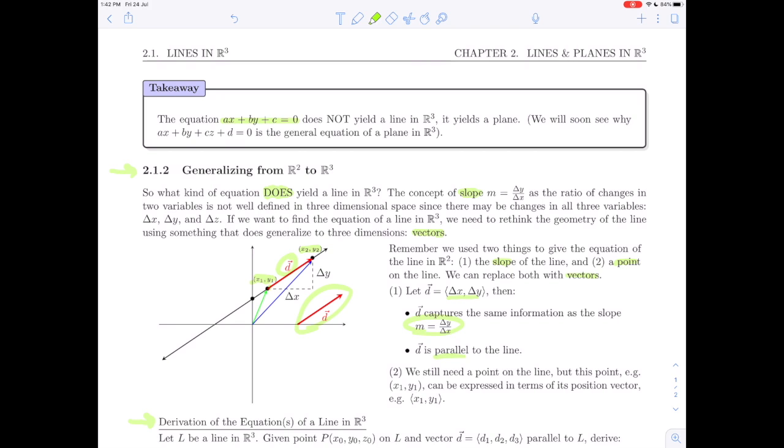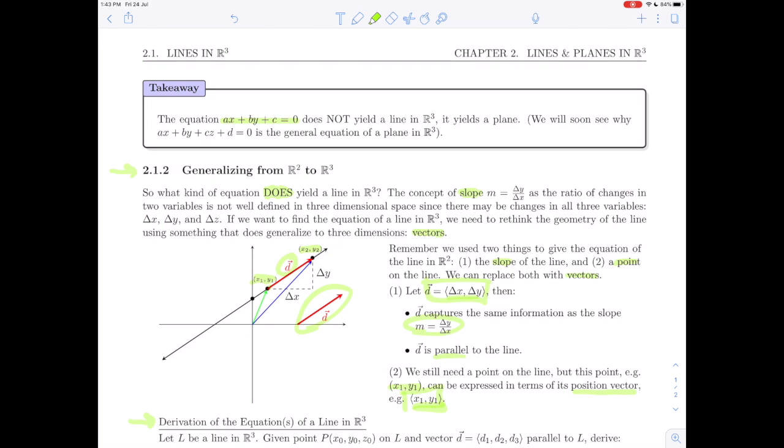So slope can be replaced by this vector d. We will still need a point on the line, right? A point, let's say x1, y1, could be x2, y2, could be the y-intercept, doesn't matter. And we can take this point and express it in terms of its position vector as well. So now we're replacing both things that we need for the line with vectors.